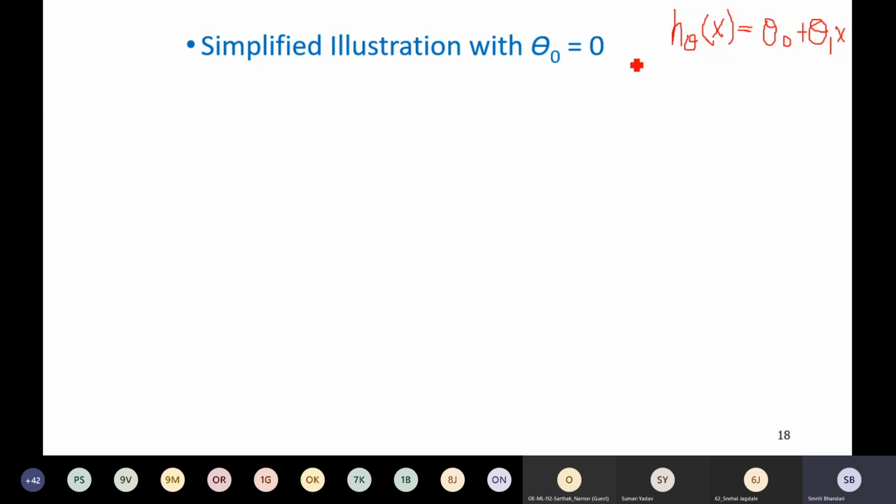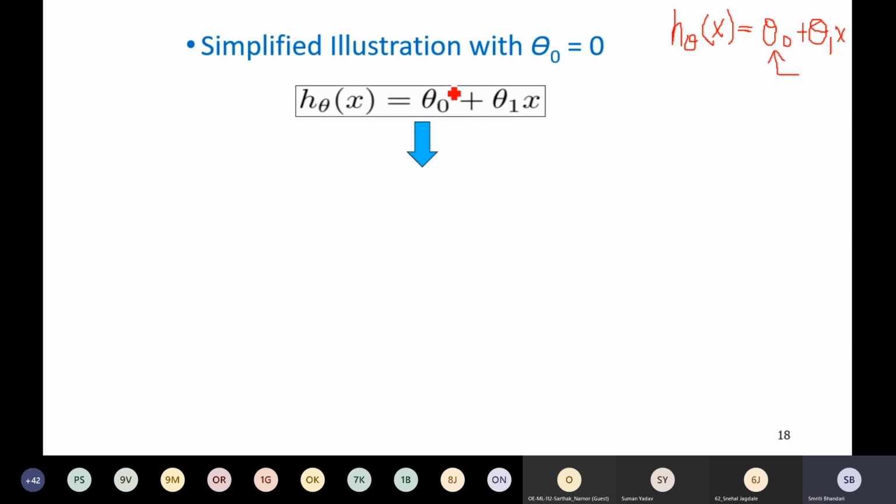So we are having here a simplified illustration with theta 0 equal to 0. So we are going to make this theta 0 fixed and that is 0. Okay, so this is our hypothesis. We are putting theta 0 equal to 0, so we come up with the hypothesis h theta x equal to theta 1 x.